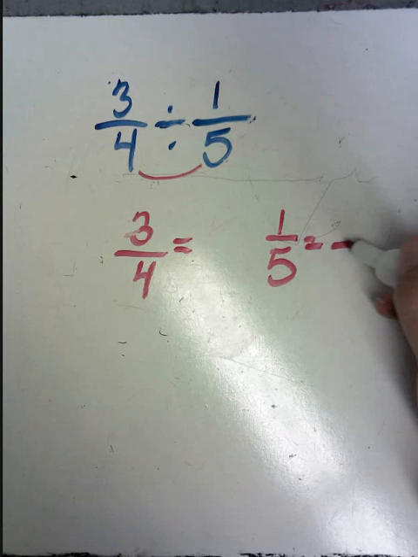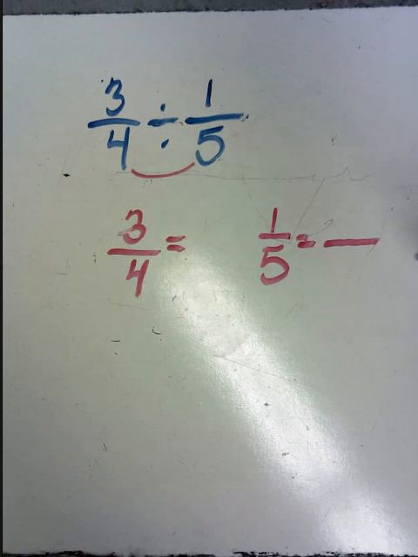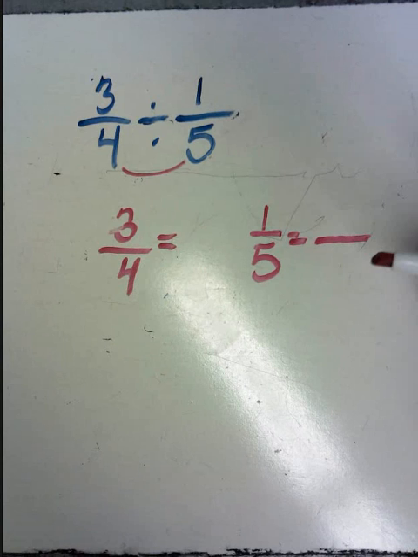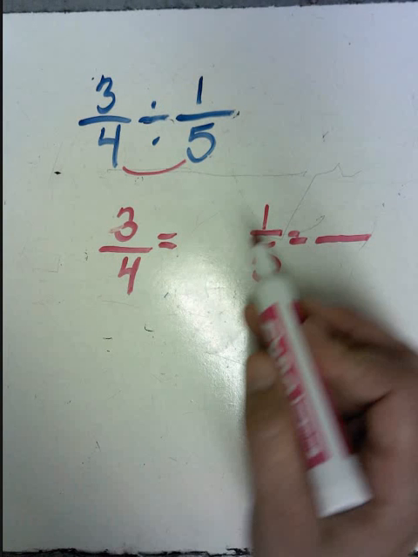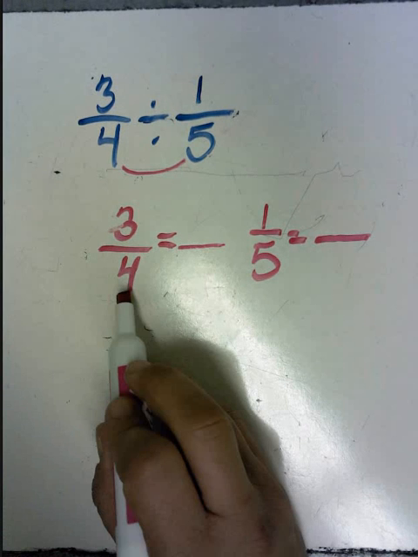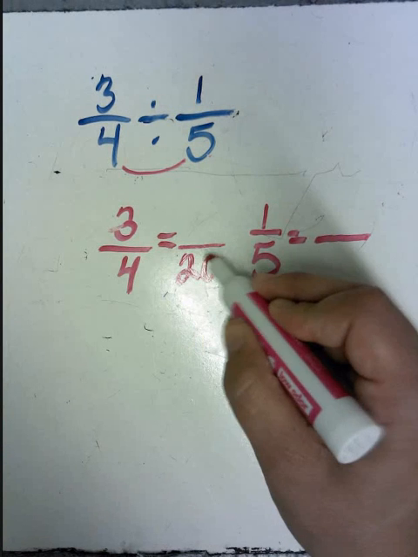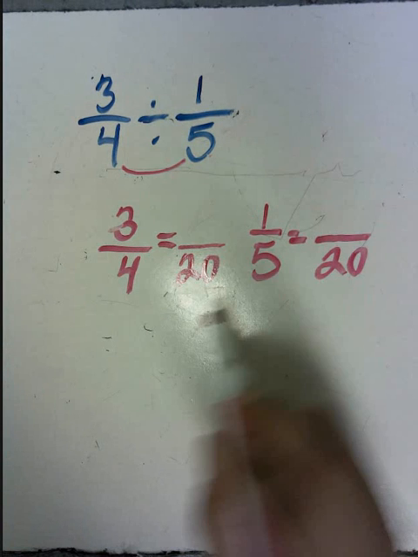When finding a common denominator, the easiest way in this case is to multiply 4 times 5, which will give you 20. When I look at equations like this, 3/4 is equal to some numerator over 20.